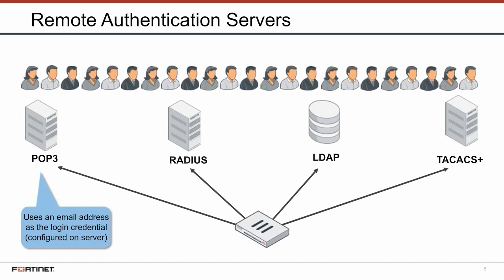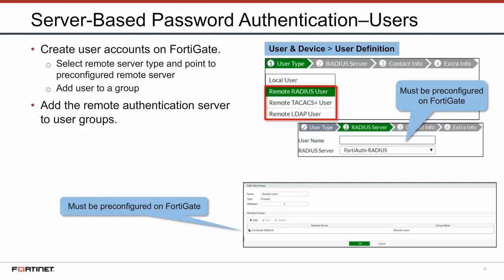Others require the suffix only, while still others accept both formats. This requirement is determined by the configuration of the server and is not a setting on FortiGate. You can configure POP3 authentication only through the CLI. Note that LDAP can be configured to validate with email rather than the username.